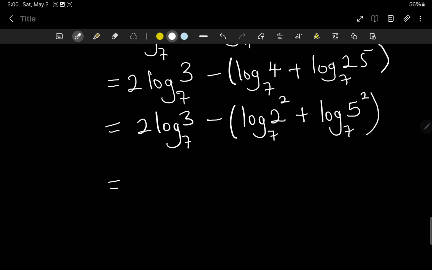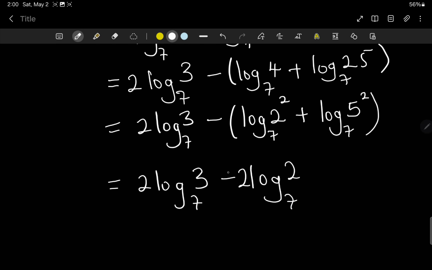This negative has to multiply through, so we have 2 log 7 3 minus 2 log 7 2, and the negative sign will multiply through, so we have negative 2 log 7 5.